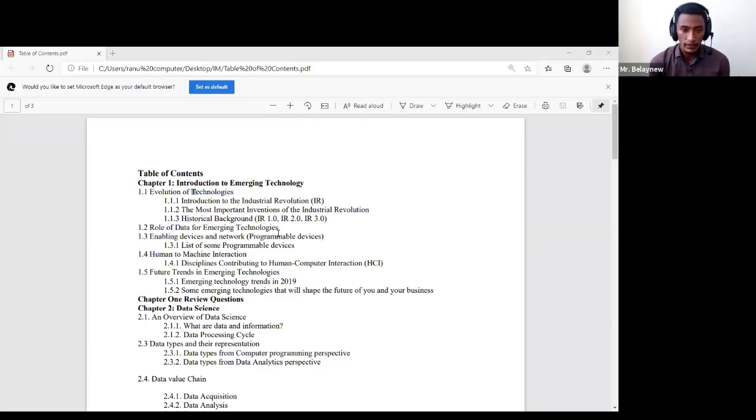So by data processing mechanism, a computer can be classified into two: a digital computer and an analog computer. And also there is a third type, the hybrid computer. That means it can process analog as well as digital data.